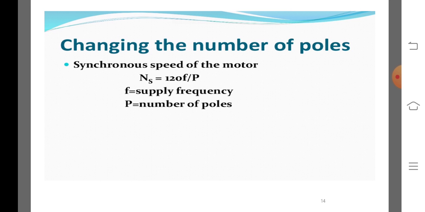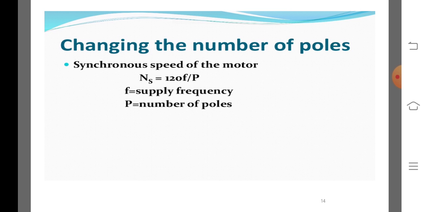This winding, the number of poles or windings, is essential to the smooth running system of the motor. So it is very essential. We have already seen this in the previous videos, so I just give a small introduction about changing the number of poles in the slide.